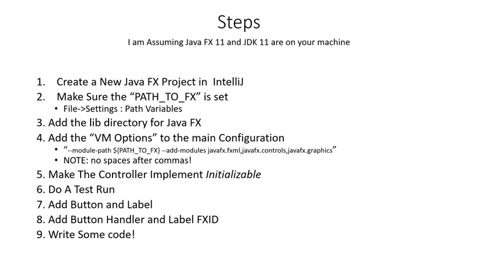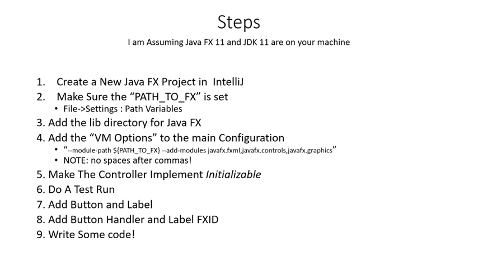Then we're going to add a button and a label to our GUI. And then we're going to add a button handler so we know when the users have touched the button. And we're going to add a label FX ID so that we in the program can touch the label. And then we're going to write some code to do those two things, and that will be it.